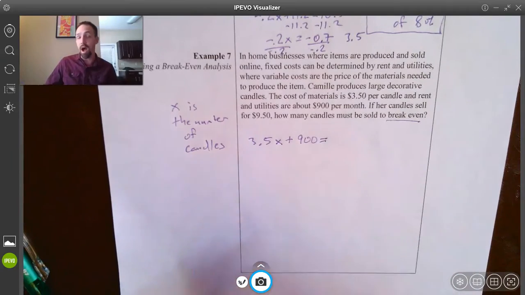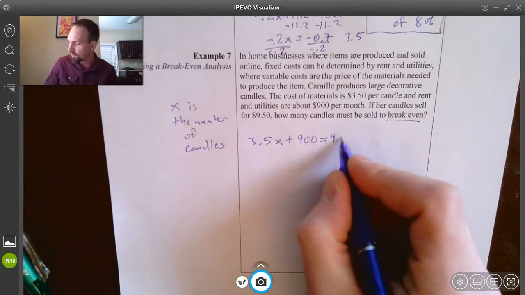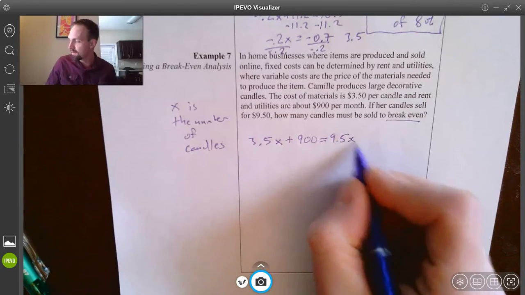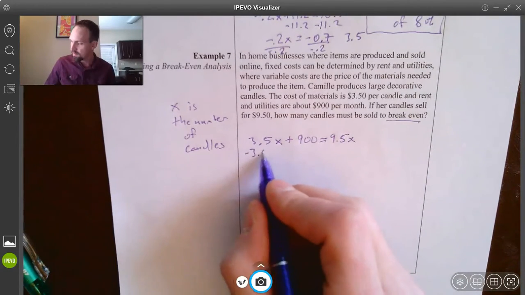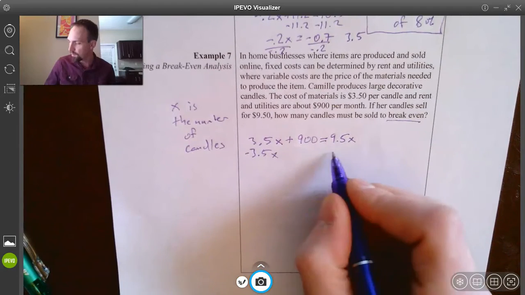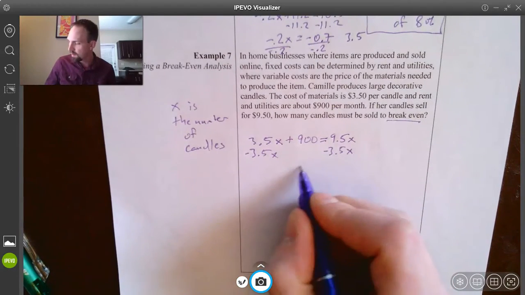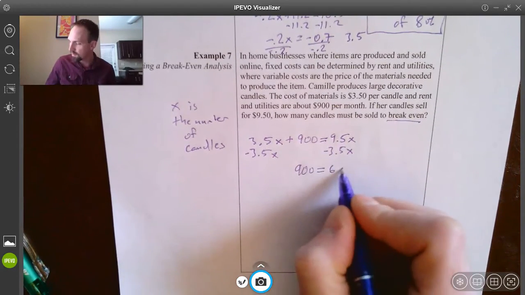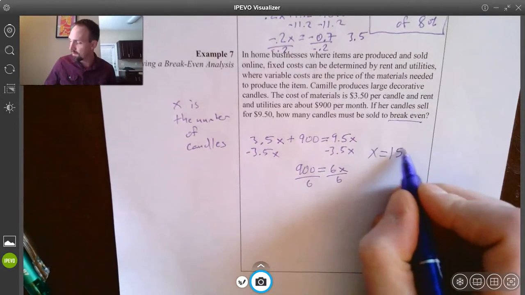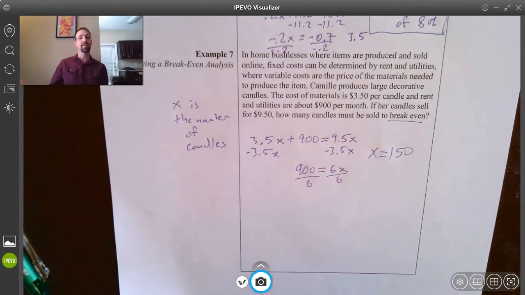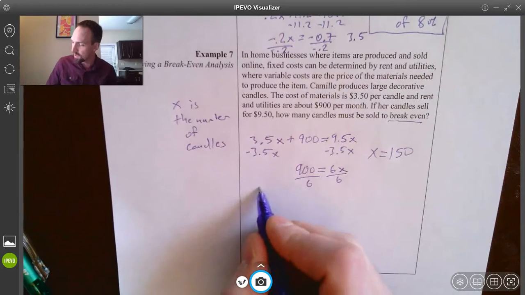And then I'm offsetting, because I want it to break even, how much I sell each candle for. So I'm selling for $9.50. So if I subtract 3.5x on both sides, I get 900 equals 6x, divided by 6, and I get x equals 150 candles. So Camille needs to sell 150 candles to break even.